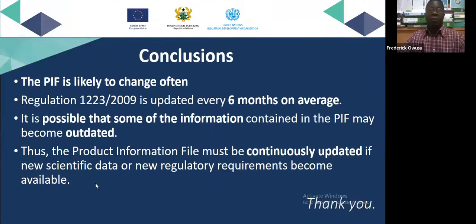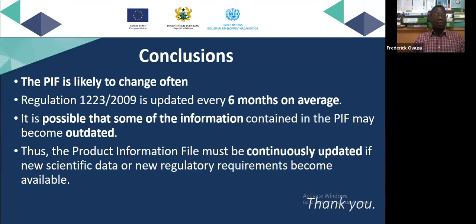Now let's draw some few conclusions here. I said the PIF is likely to change, talking about all the 5 components of the PIF: the description of the product, the safety report, the manufacturing method, evidence of claim effect, data relating to animal experiment.